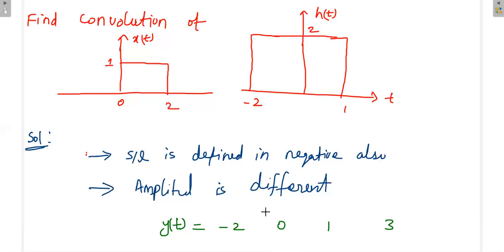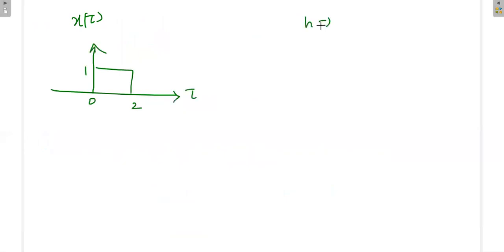Then we'll proceed with the graphical approach now. x of tau is the signal defined from 0 to 2 with amplitude 1, in the tau domain. And what is h of tau?